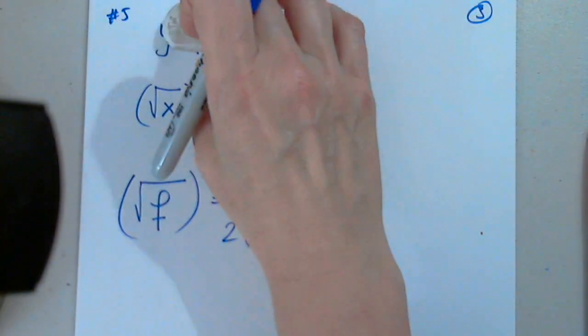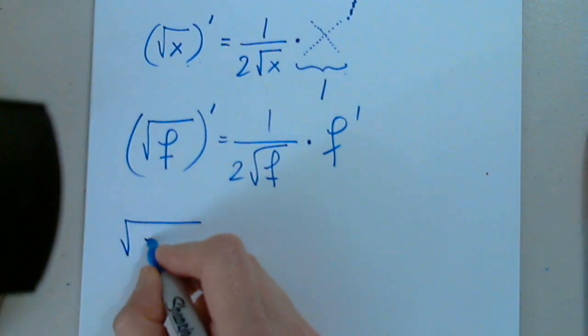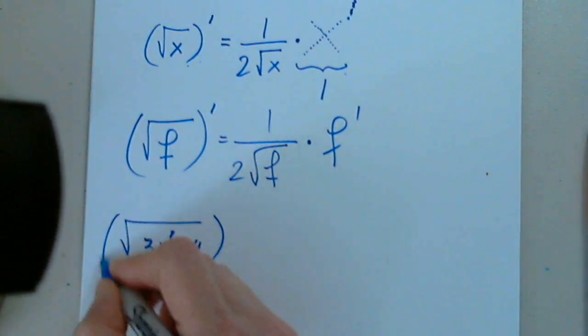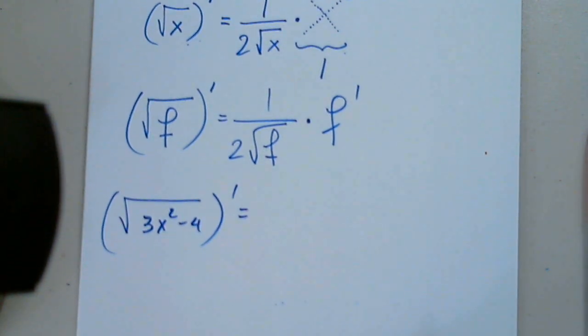Good. So now let's uncover it and write the square root of 3x squared minus 4 prime. Who would like to give it a shot? I love the interaction with my students. I don't want to just move on. I want to move on with you.